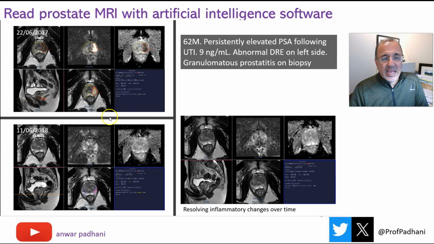So here's an AI identifying granulomatous prostatitis in the left peripheral zone, and as you follow this patient over time, you can see that the inflammation resolves. I'll have to put the date onto that graphic on the bottom right hand side, which I think is 2019, but I'll have to make sure of that.